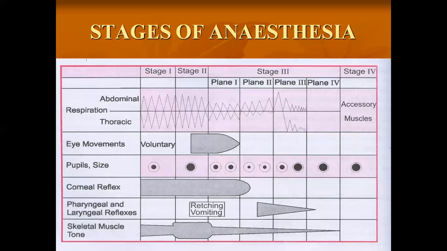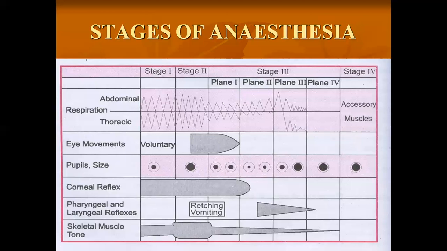Plane 1 of surgical anesthesia, that is stage 3 anesthesia. In plane 1, the pupils dilate progressively with the depth of anesthesia. The respiration is full, regular, deep, and thoraco-abdominal in character. The blood pressure and the pulse rate are normal.